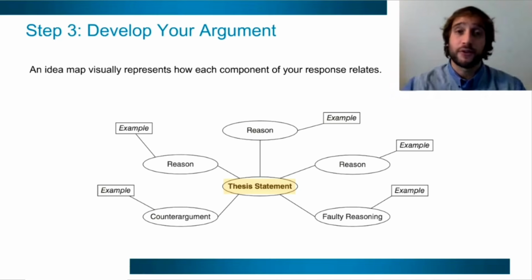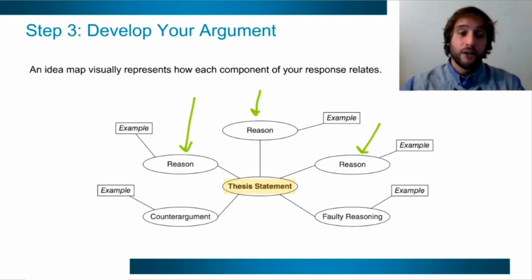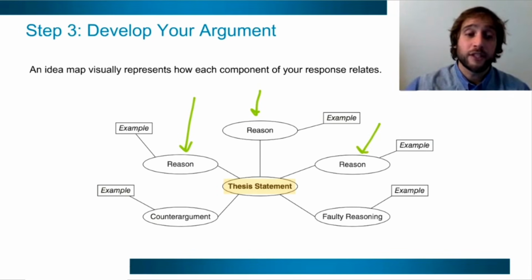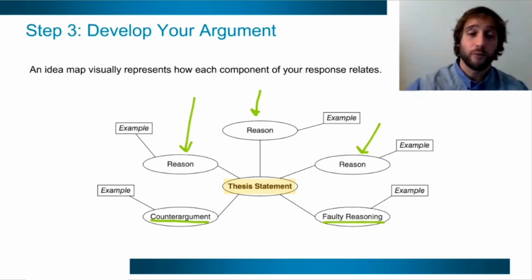You could also do this for your own response, right? Which is, okay, what's my thesis going to be? And what are the 3 core reasons that I'm going to provide? And then how can I support those reasons? We also could say, what's a potential counter argument that we need to address? Or what's something where we could look at faulty reasoning for the other side that we can include?